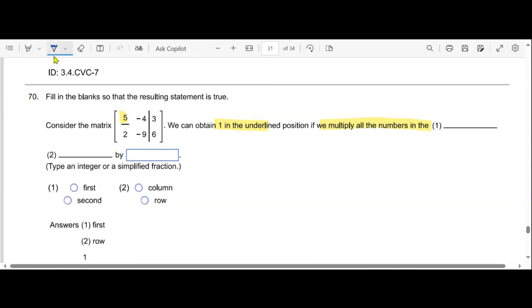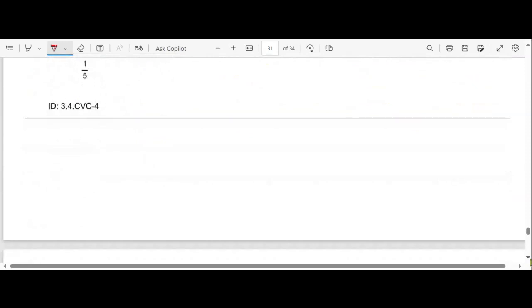The second row by 1 over 5, correct. Because if you multiply this by 1/5, what's going to happen to the 5? It becomes 1. And then -4 over 5, and then 3 over 5, correct? All right, so that's this one.